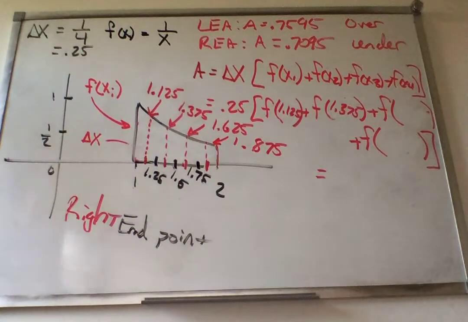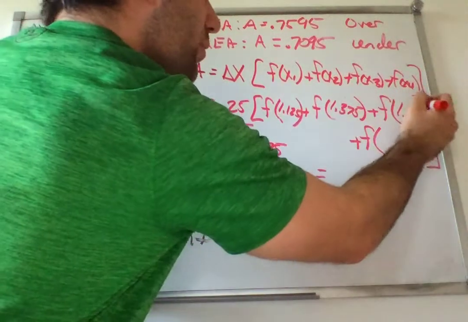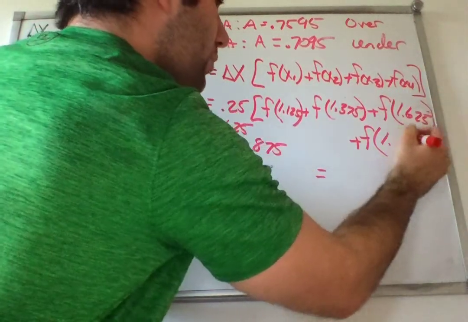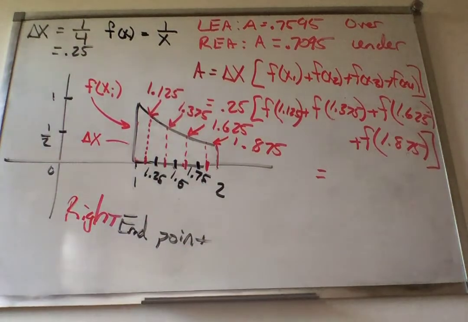So now we have all the midpoints of the interval. See, this is 1.625, this is 1.875. So now go ahead and repeat the process. Plug this all in on your calculator. And let's see what we get.